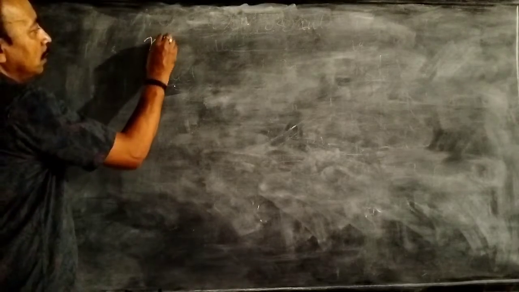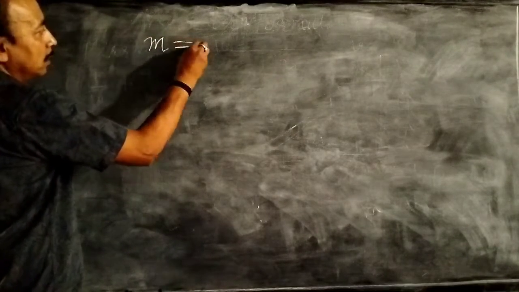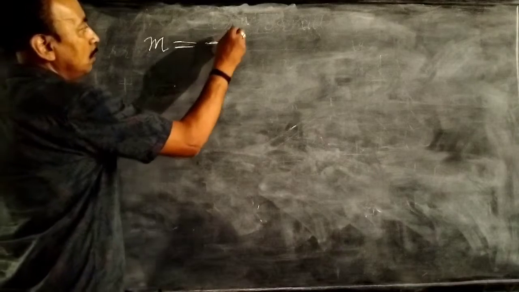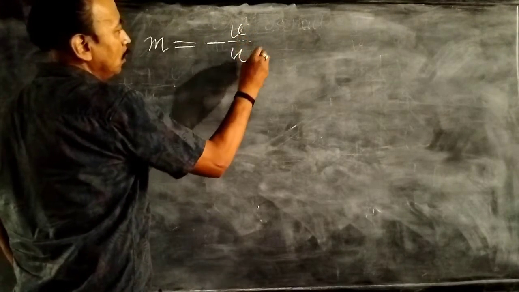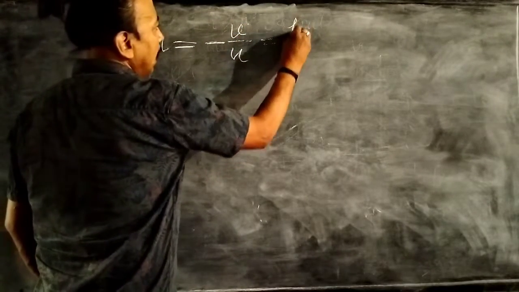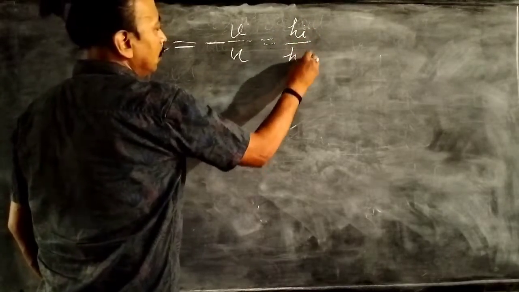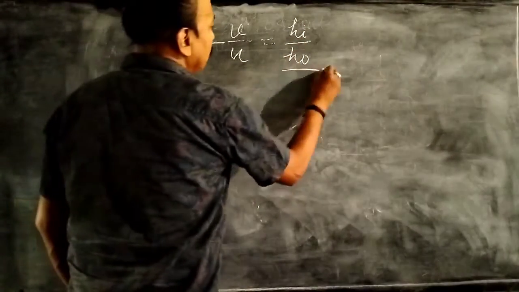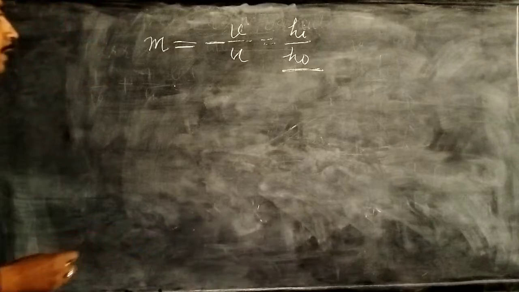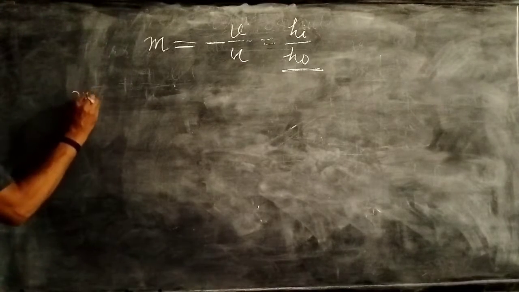Next formula is magnification. That is equal to minus V by U, or that is equal to HI by HO. This formula says that magnification, what is magnification?